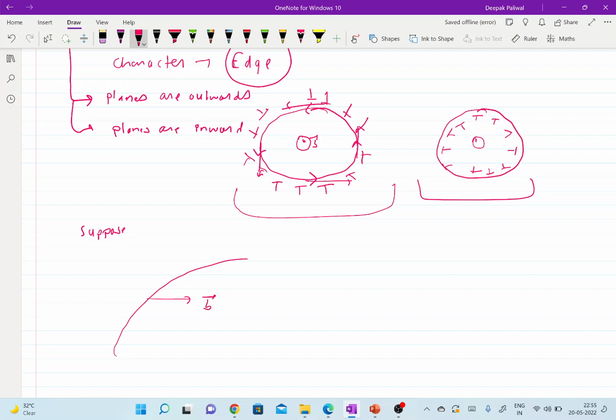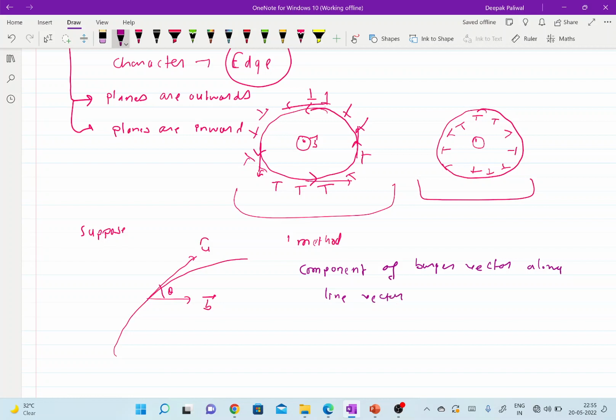So what we can do, in the first method, we can take the component of the Burgers vector along the line vector and perpendicular to the line vector. So I can take the components: this is the Burgers vector's cos component, this is the Burgers vector's sine component.